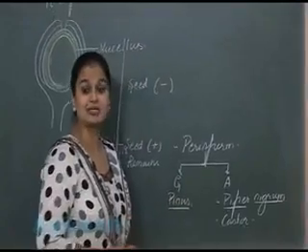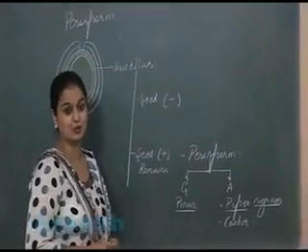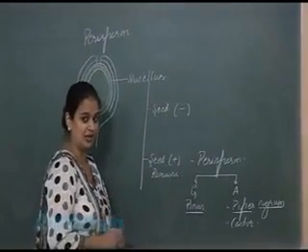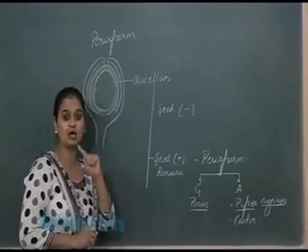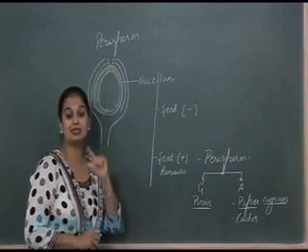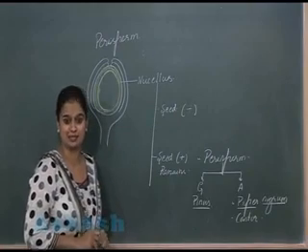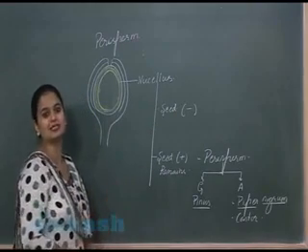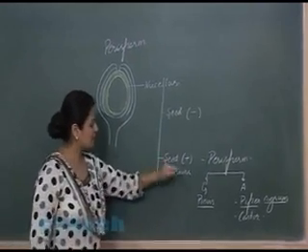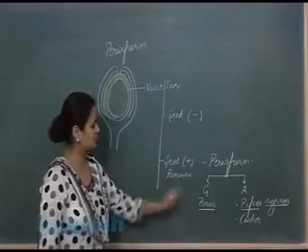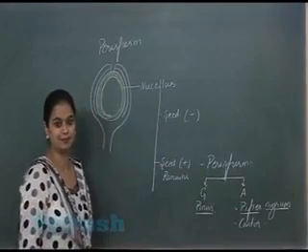Many things in castor are different. One, it is a dicot plant, but still in the seed the endosperm is present, and second, in the seed there are remains of nucellus which represent perisperm.